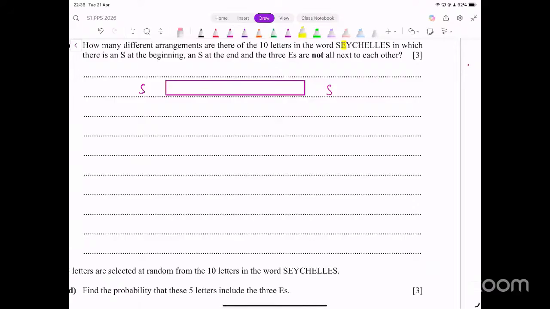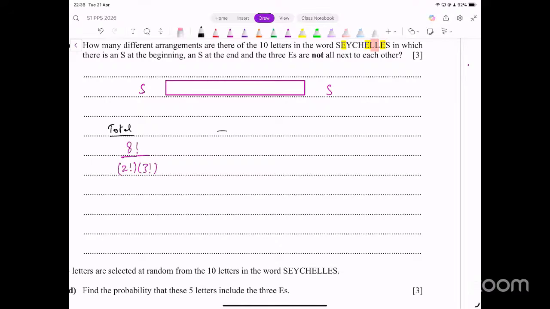There are 3 E's in them and there are 2 L's in them. So that will be 8 factorial divided by 2 factorial and 3 factorial. That's the total arrangements without any condition.